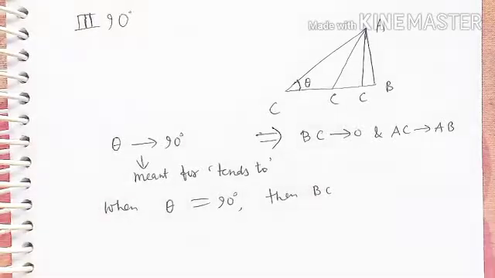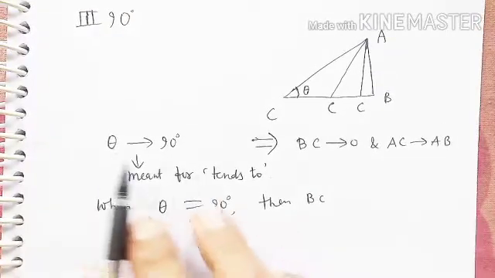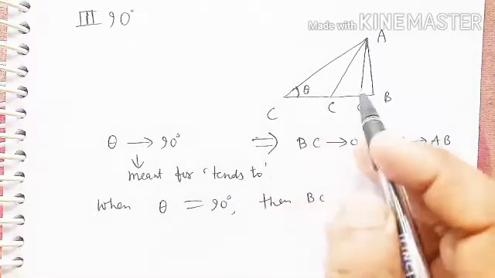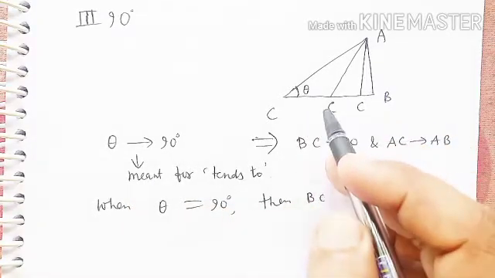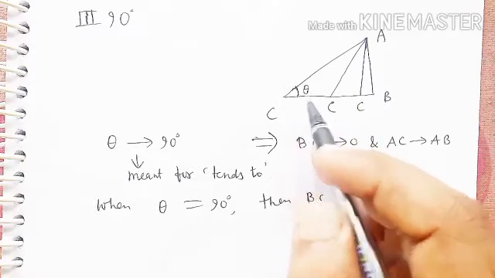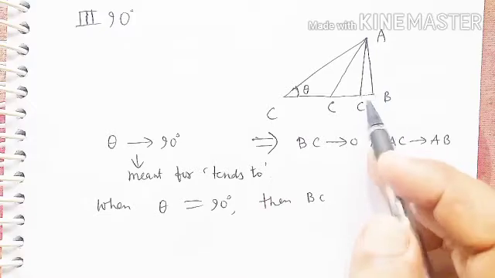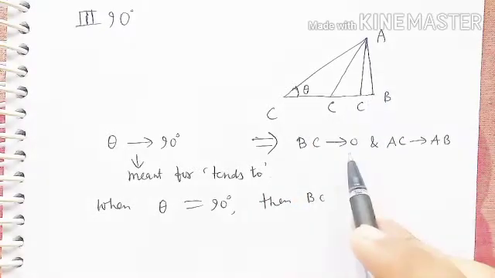See students, now T ratios for 90 degree. When theta tends to 90 degree, it means angle C becomes 90 degree, then you see that BC decreases, right?